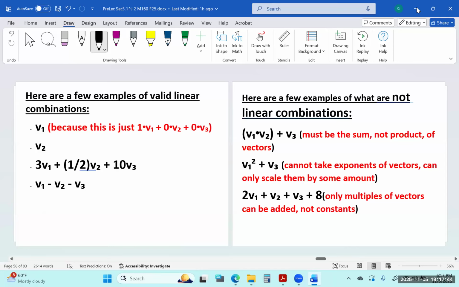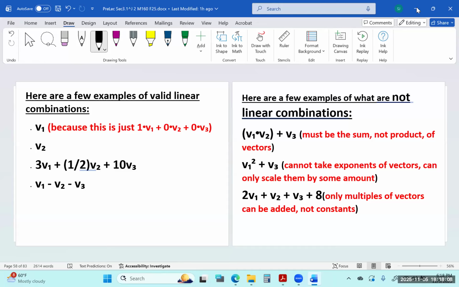If you try to multiply your vectors like V1 times V2, it's an invalid operation. If you try to square a vector, it's an invalid operation. And if you try to add a constant, it's an invalid operation. So you cannot add a constant, you cannot use a power, you cannot multiply them.